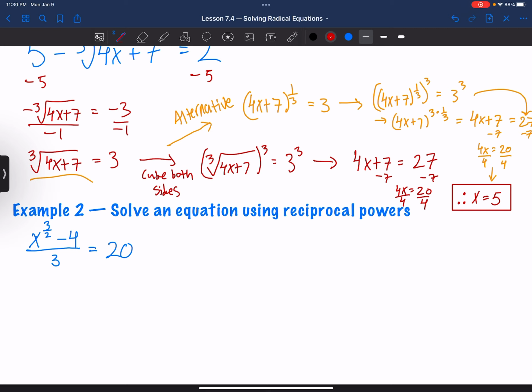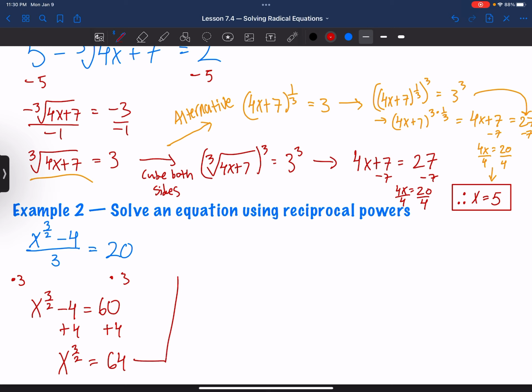So let's start by multiplying both sides by 3. Multiply by 3, multiply by 3. Then I get x to the 3/2 minus 4 equals 20 times 3 is 60. Then I can add 4 to both sides. So this gets me x to the 3/2 equals 64.